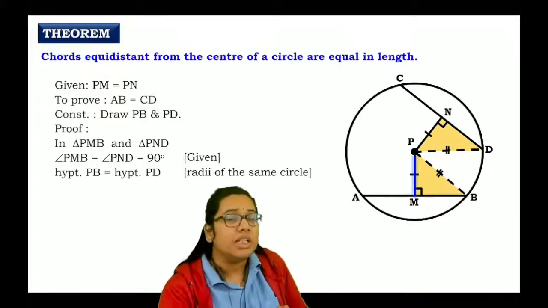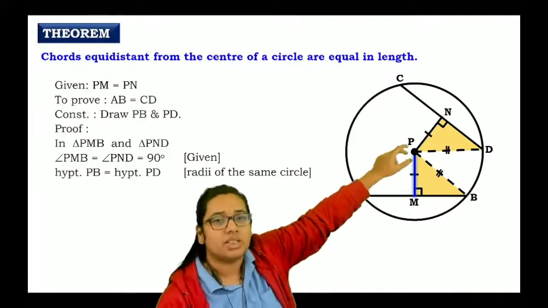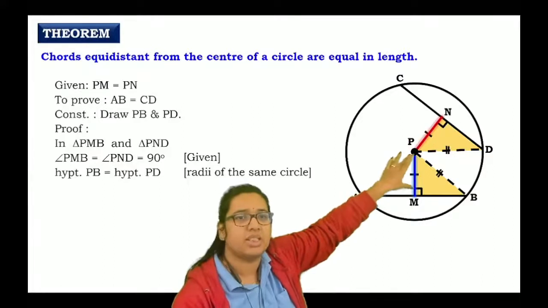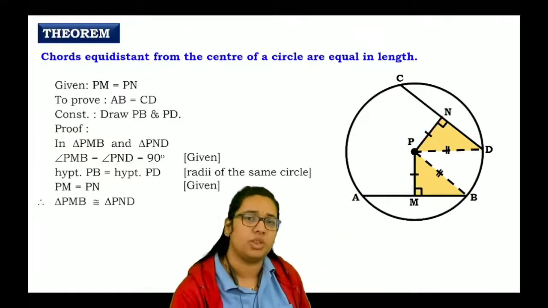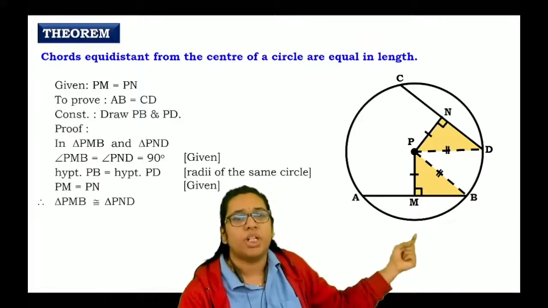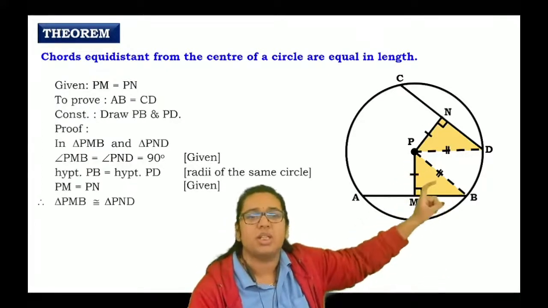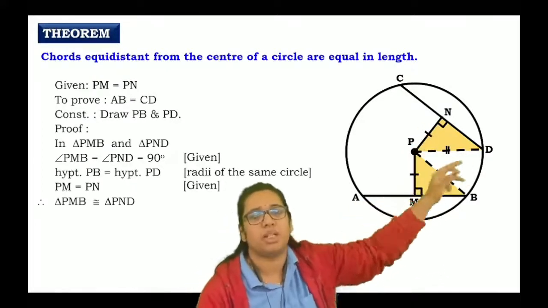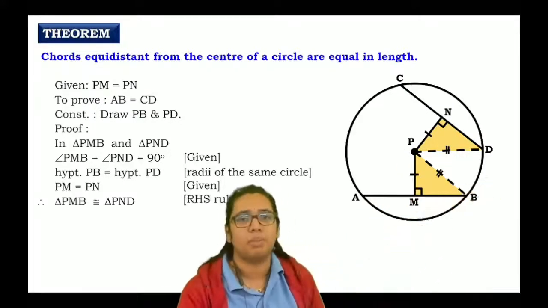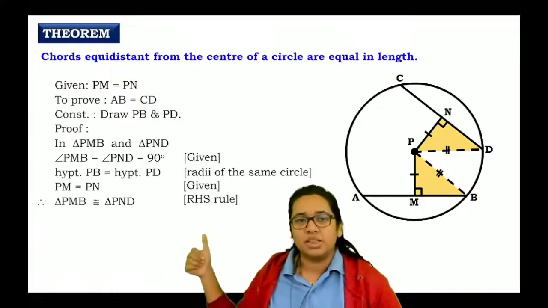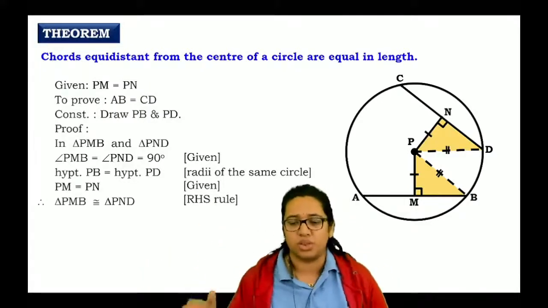And the third given is that the distance will be the same, so PM equals PN. Therefore, triangle PMB is congruent to triangle PND. The reason is the RHS rule.